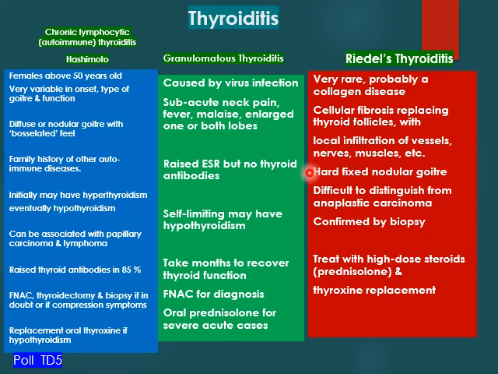So this fibrous or connective tissue replaces the normal thyroid tissue. The gland itself becomes very hard, fixed, and nodular, at times difficult to distinguish from anaplastic carcinoma. It is confirmed by biopsy, and treatment is with high dose of steroids and thyroid replacement.